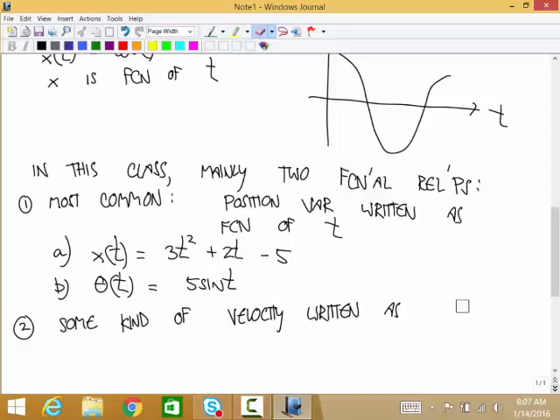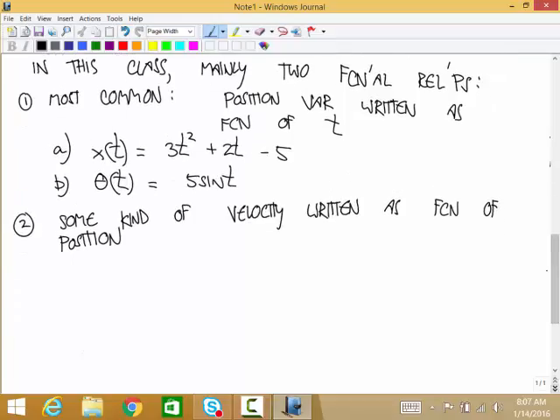And that's what we'll see when we do problems using energy.